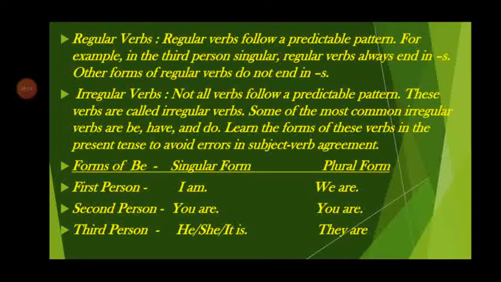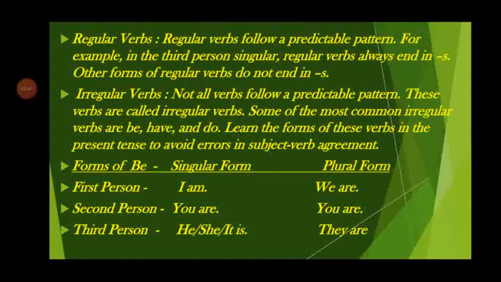For the third person singular, that means he or she or it, we say he plays football, where play is added with s. But if you take they as a plural form, we do not add s to the verb. So, they play.